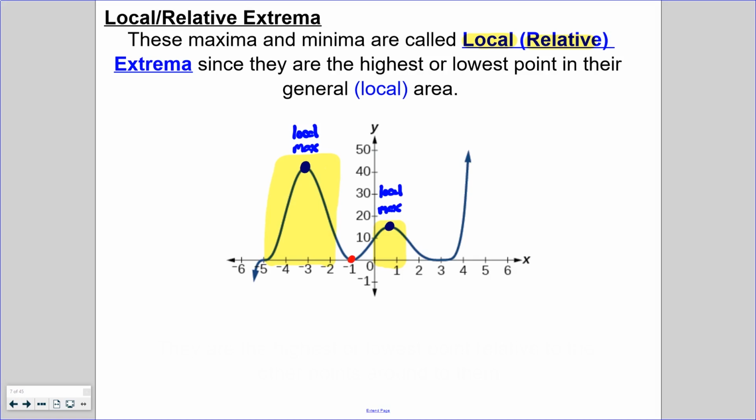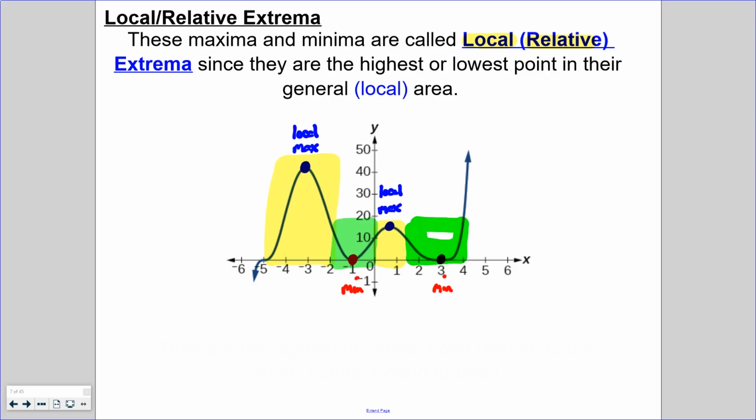And then the same thing is true for the minimum values. We can see that we're going to have a minimum value here and a minimum value here. And these are the minimum values for the same reason. We can draw a little localized neighborhood around that valley, and we can see that based on all the other y values in that little highlighted area, this is the lowest one, or the minimum. And then a similar thing over here.